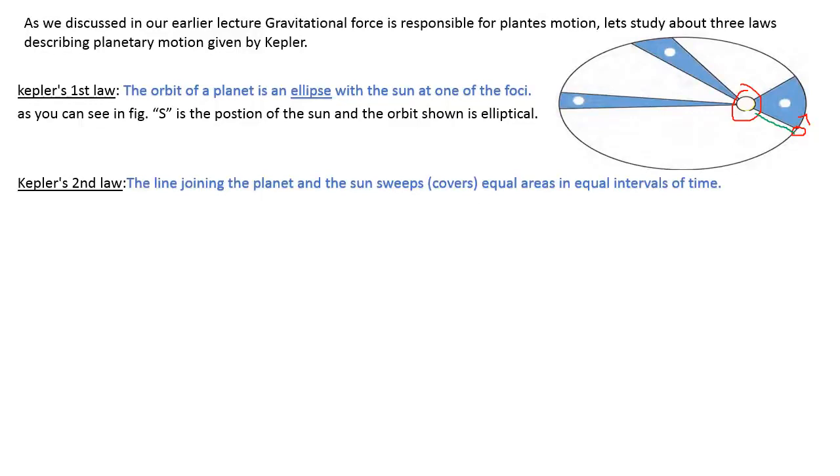Now suppose this planet is at a position A. When it starts revolving around the sun, you connect the planet to the sun.